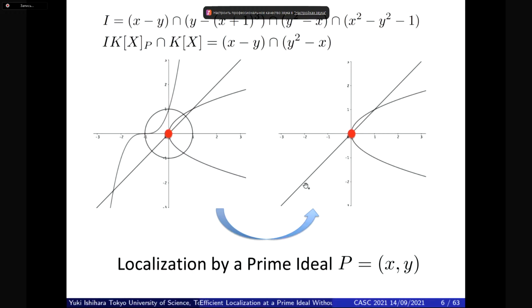So localization means we extract some specific structure of I. In this example, we extract this line and this curve from the original ideal.